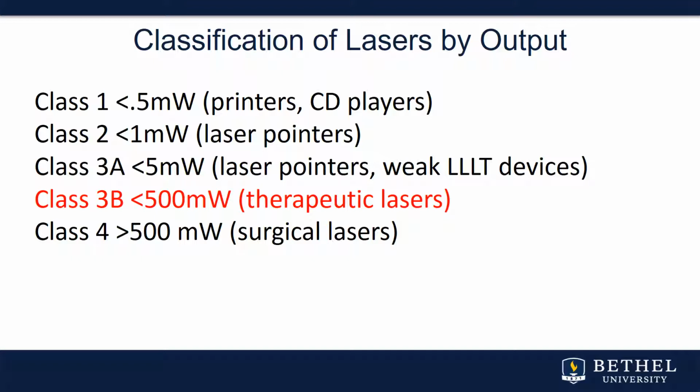Of course, there's different classes of lasers. We've heard of all sorts of lasers, so laser pointers and laser printers. And so we have them in different classes. The ones that we're utilizing are class 3B therapeutic lasers. If we get into class 4, there's our hot lasers and our surgical lasers used obviously for cutting.